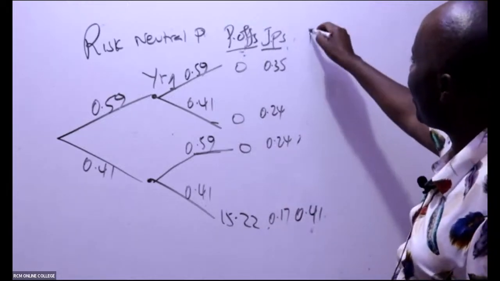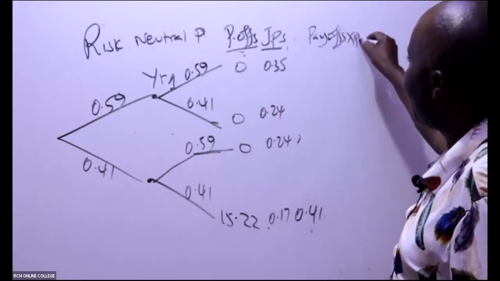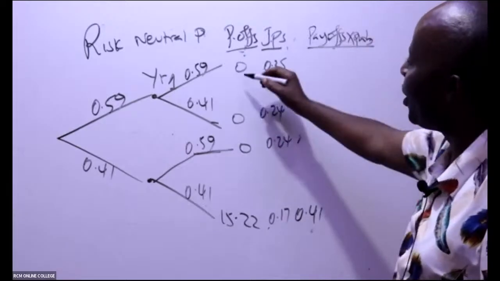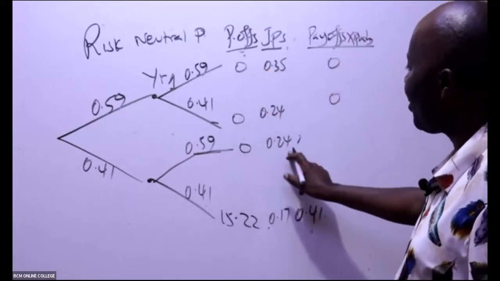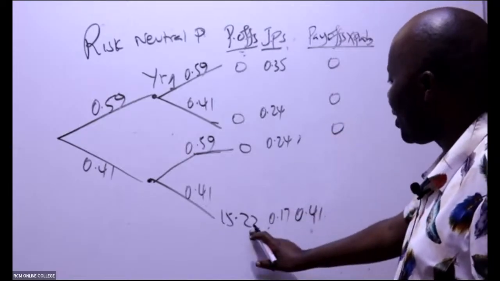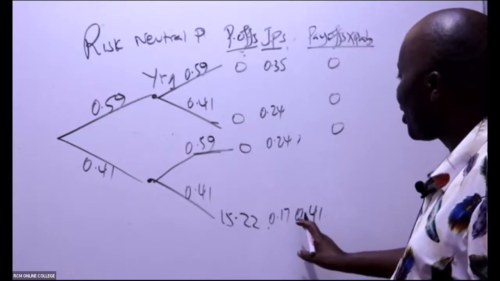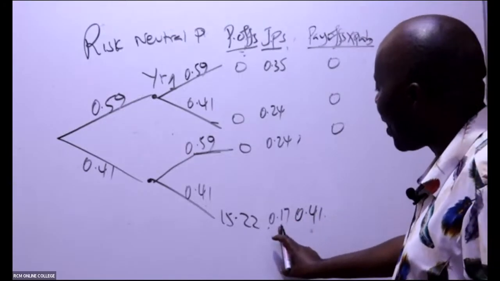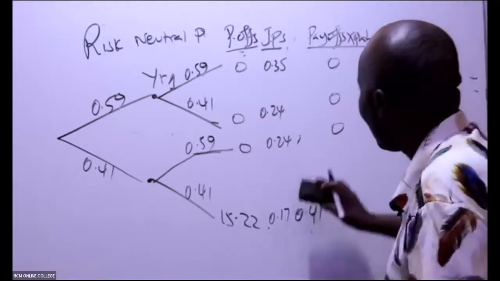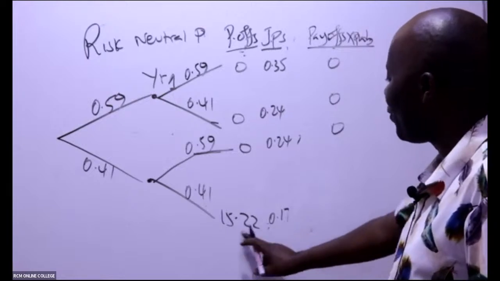So create a column where you take the payoffs times probabilities. 0 times this is 0, 0 times this is 0, 0 times this is 0. This is 0.17 times 15.22.